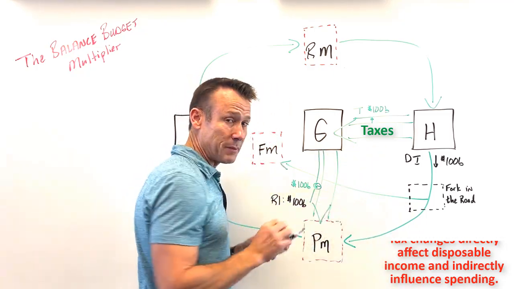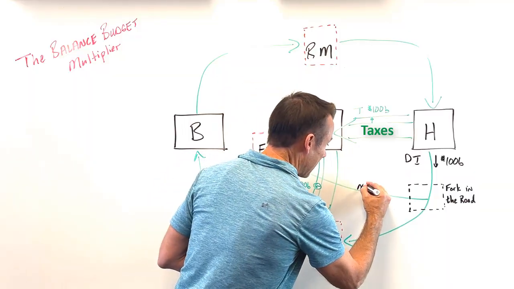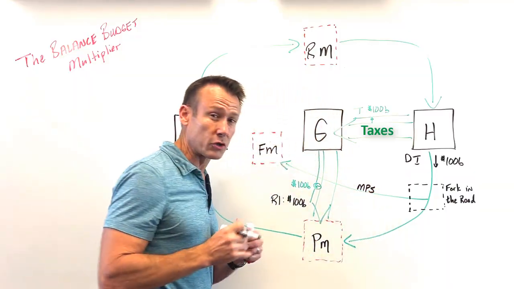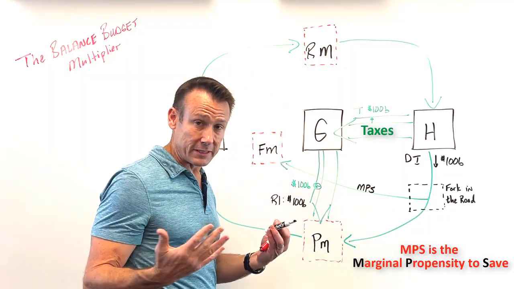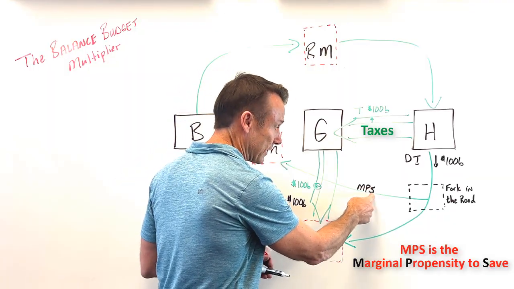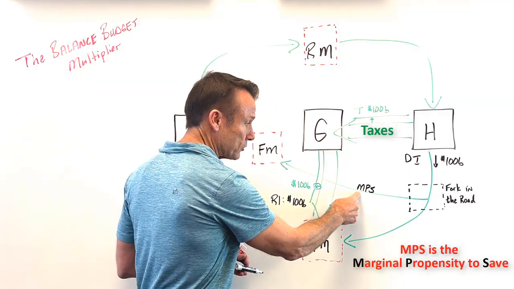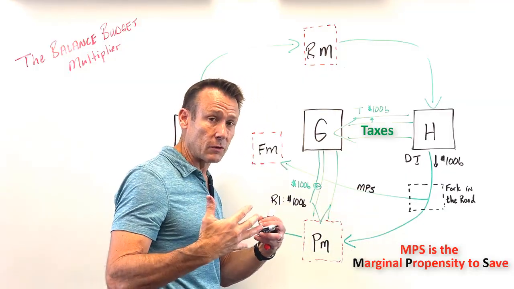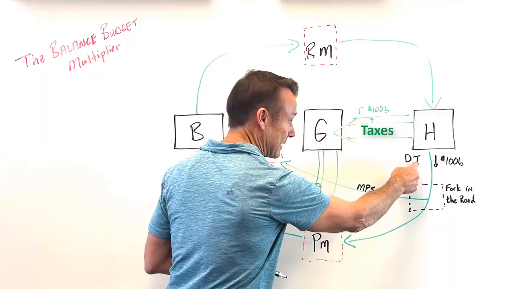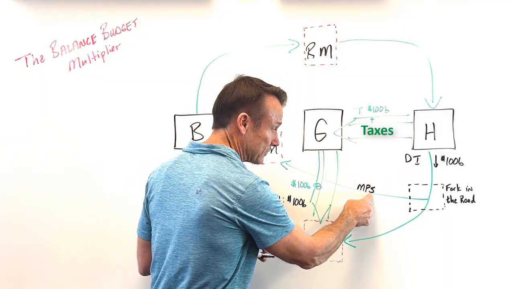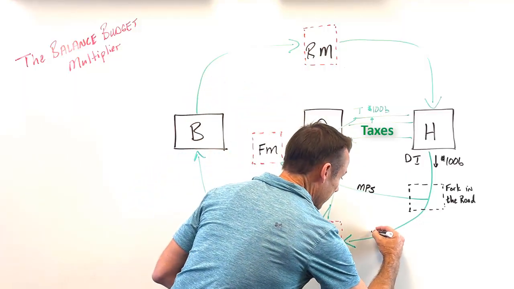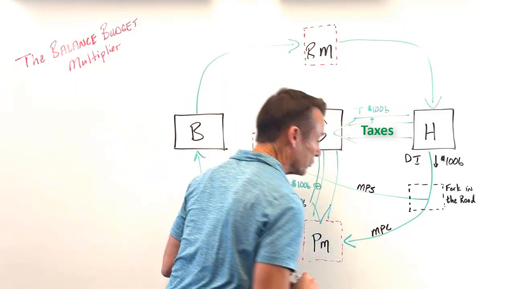The amount that's going to impact savings is told to us by the MPS, marginal propensity to save. Sometimes it's good to make that P percentage, so marginal percentage that goes to savings. Marginal meaning additional. Additional what? Additional disposable income, so additional dollar of disposable income. What is our percentage that's going to go to savings? We also have a marginal propensity to consume.